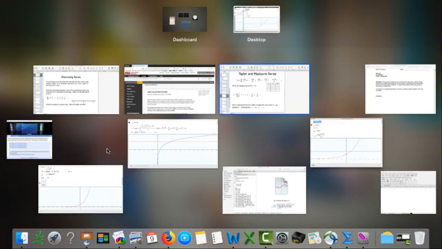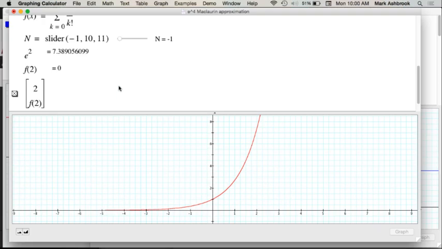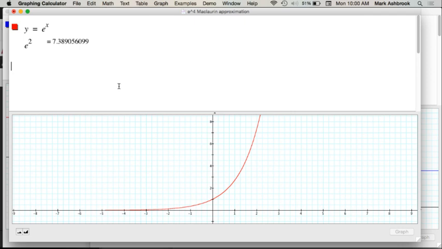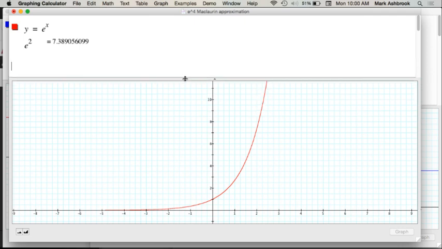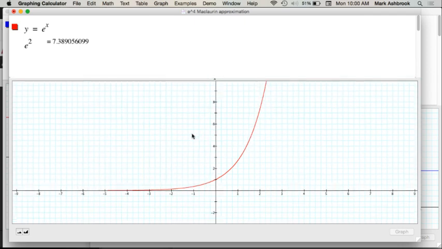Here is e to the x. How does your calculator graph that? Does it have in its memory banks the function e to the x, and when you type in e to the x, it just retrieves the function out of its memory banks?